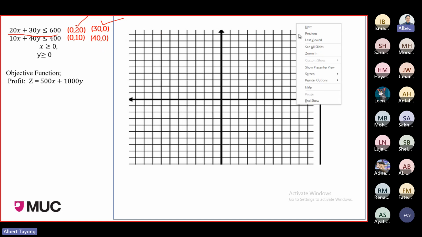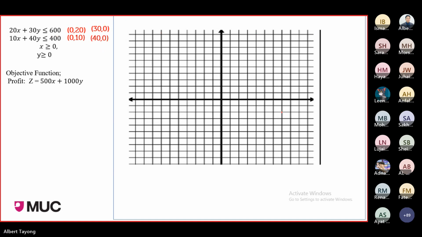There are 4 points. So for the first inequality, we have 2 points. And for the second, we have also 2 points for 10x plus 40y less than or equal to 400. So this is 5, 10, 15, 20. So 0, 20 is here, and 5, 10, 15, 20, 25, 30.